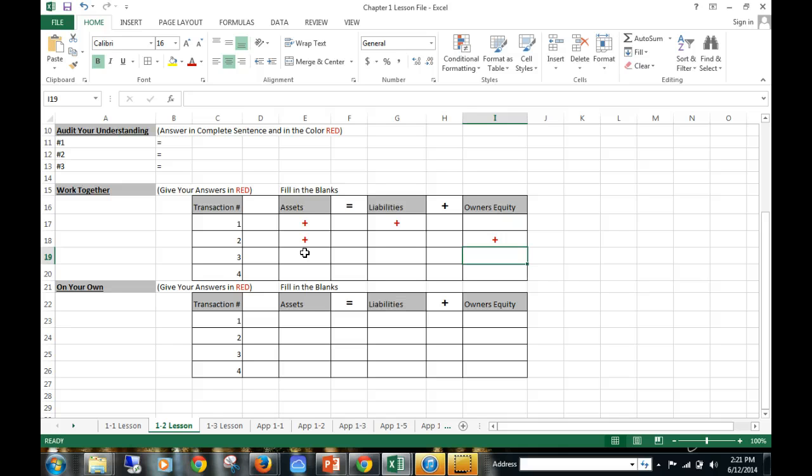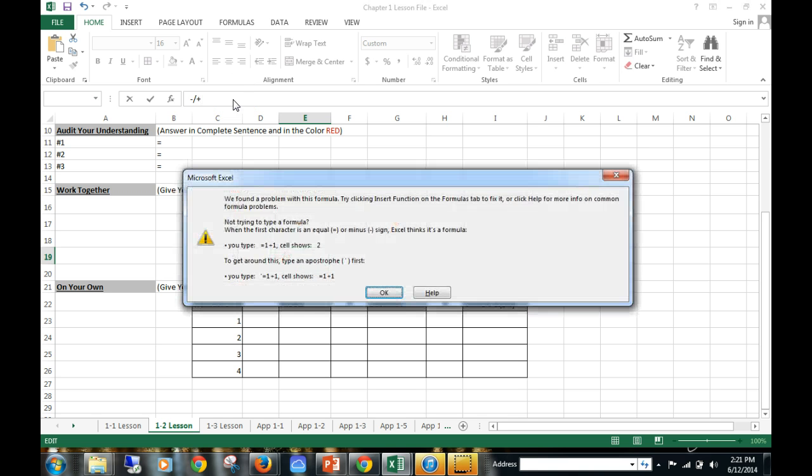Third transaction. Paid cash for insurance. So if we pay cash, that is a minus. Anytime we pay cash, it's a minus. Hit enter. And actually, we paid cash for insurance, which again, insurance is an asset. So at the end of the minus sign, I'm going to put a backslash and a plus. Hit enter.